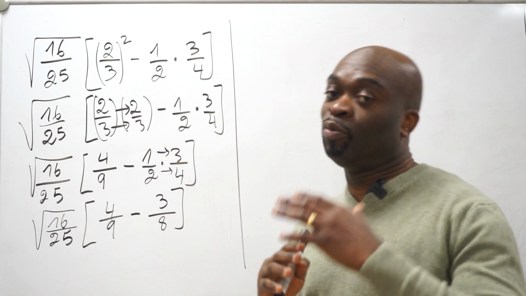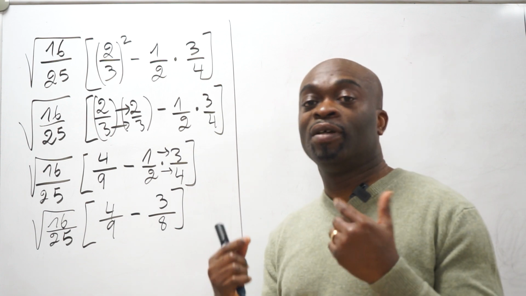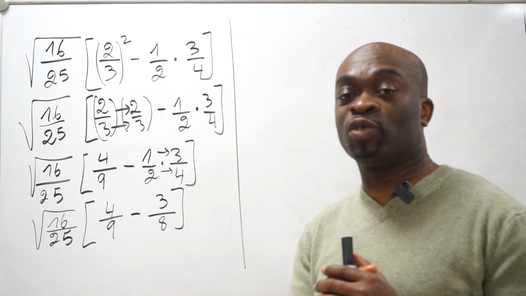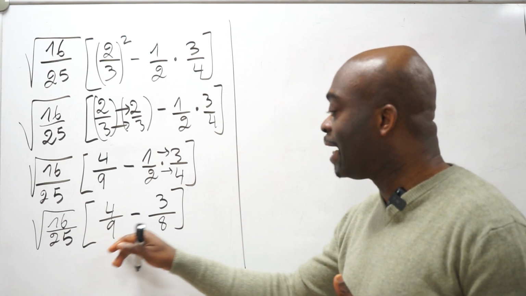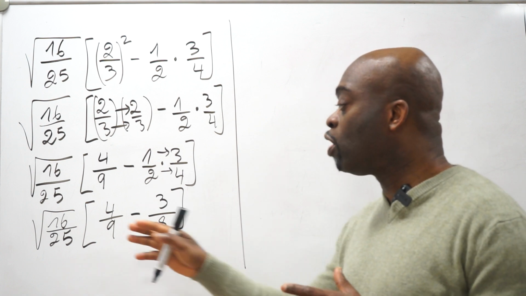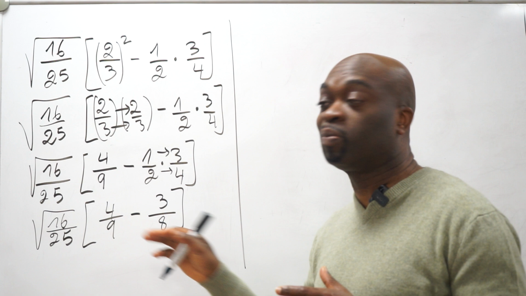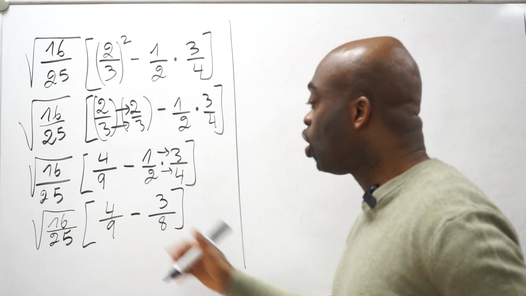We have covered this in previous videos that you guys can go back to, when it comes to adding and subtracting two fractions. But in this case, 9 and 8 do not have anything in common. Because they don't have anything in common, what you can always do is multiply 9 by 8. So you can always do that.